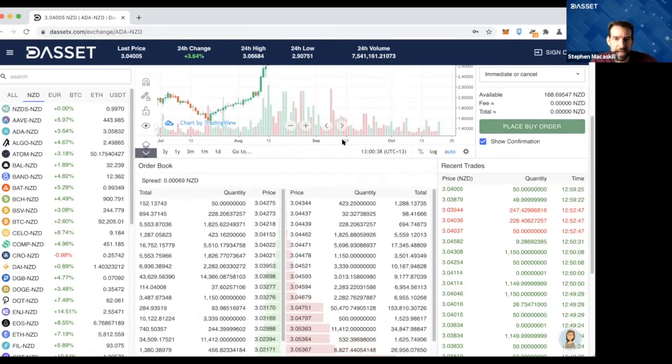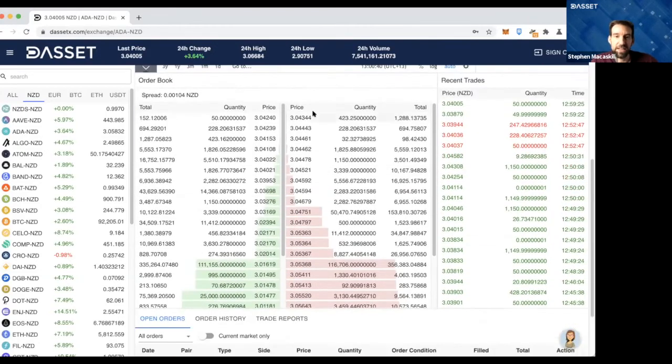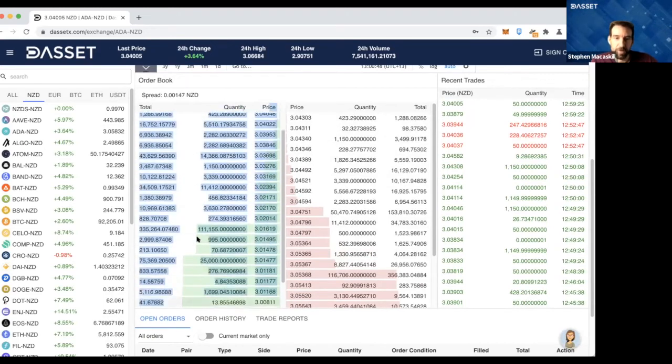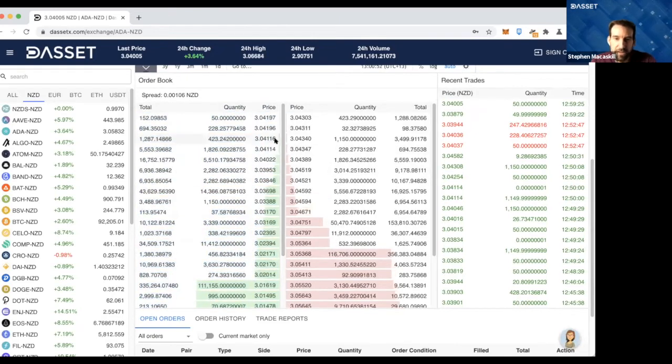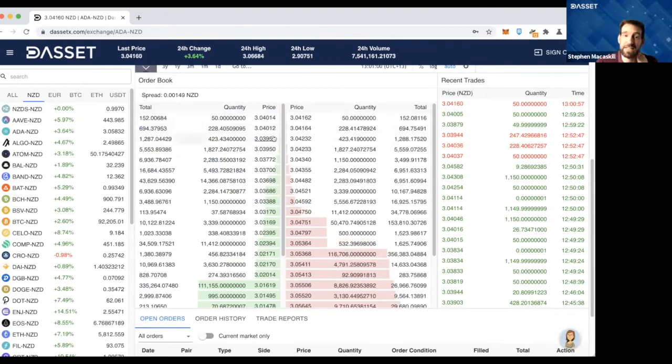When you look at the order book, you can see here are people selling on the right and people buying on the left. This is the order book depth. What we've done is aggregate the quantity and prices that people buy at each level.